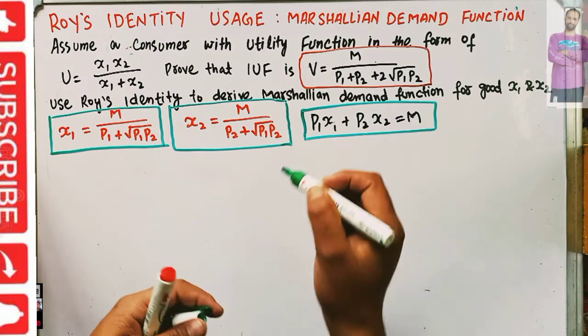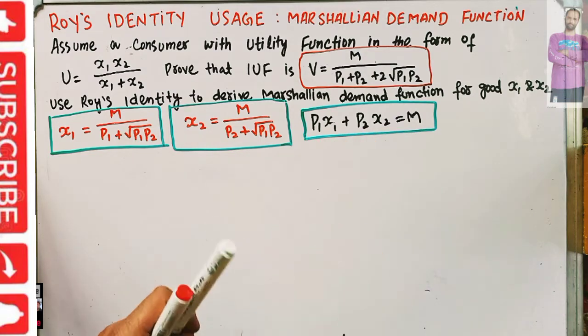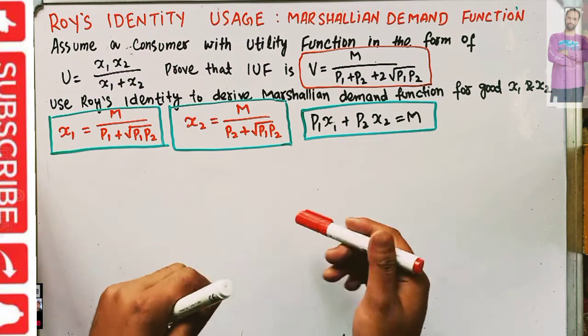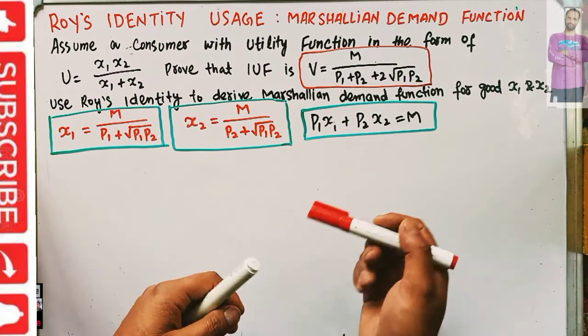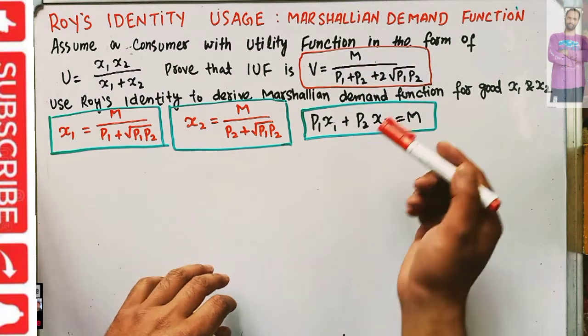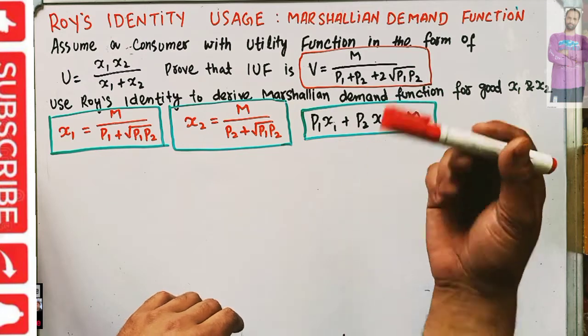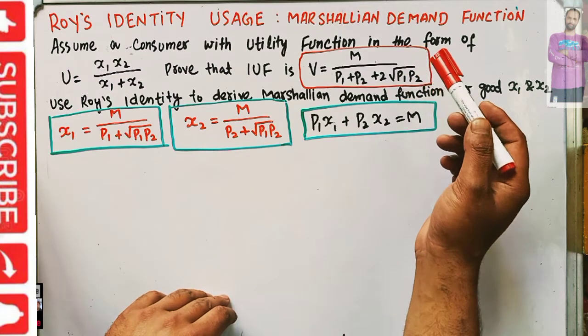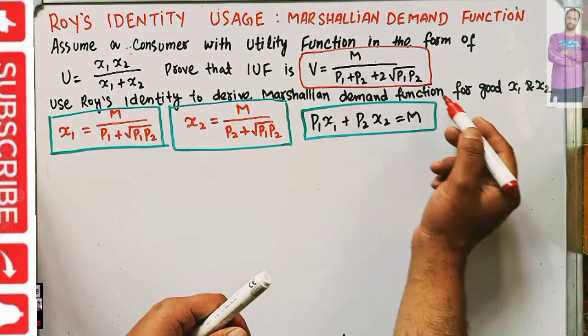So how do we proceed with this question? How do we use Roy's identity? Roy's identity is useful when we are being given the indirect utility function and we are being told to extract the Marshallian demand function from it. So this is our indirect utility function.